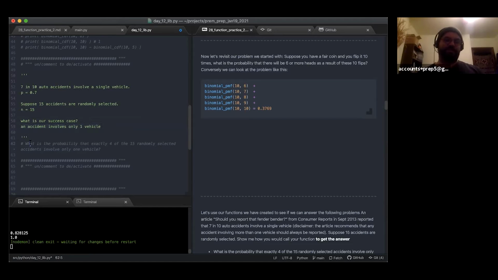So what is the probability that exactly 4 of the 15 selected are successes? So what's the probability of exactly 4 successes out of 15 events? Exactly 4, so PMF with a K of 4. Yep, cool.